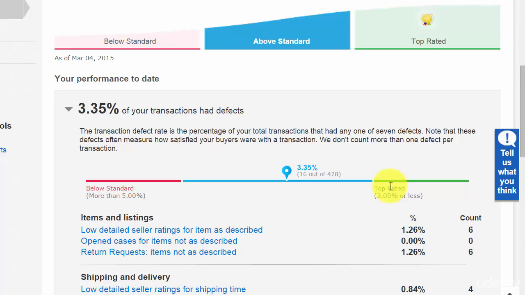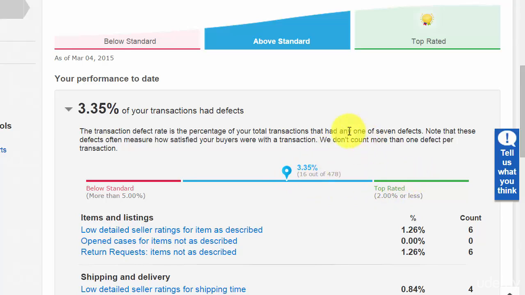In essence, you get more views, more clicks, and more sales. So it's a big deal to get to top rated seller status. Personally, I reached top rated seller status in my first few months and maintained that level for a few months, and right now I'm in above standard trying to get back to top rated. That's the goal you essentially want to shoot for.